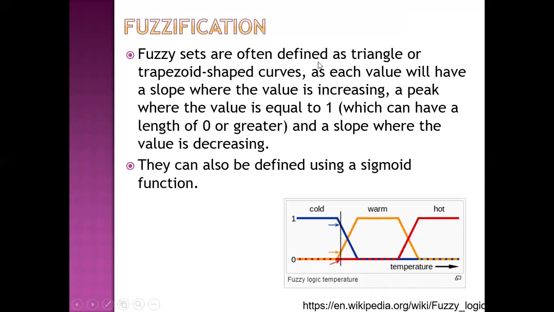Fuzzy sets are often defined as triangular or trapezoidal shaped curves, as each value will have a slope where the value is increasing, like this increasing value, a peak where value is equal to 1, this is the peak, which can have a length of 0 or greater, and a slope where value is decreasing. So this is a decreasing slope. So this is a trapezoidal fuzzy number. They can also be defined using sigmoid function.